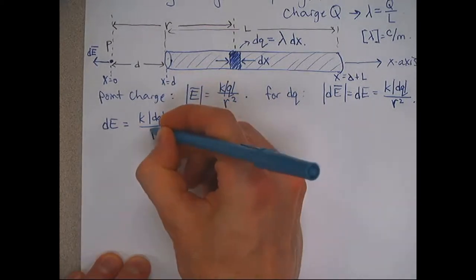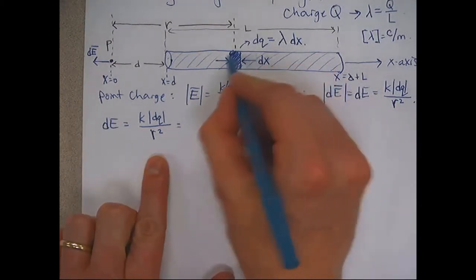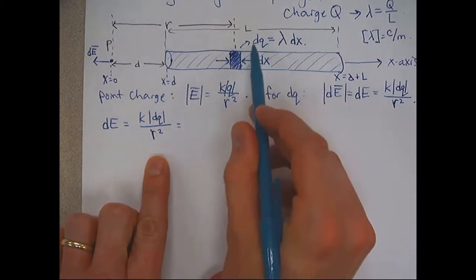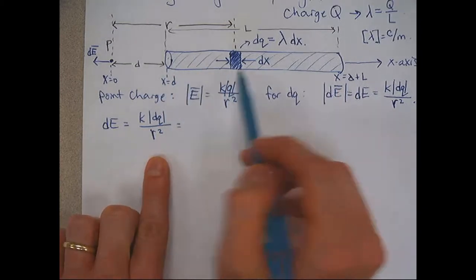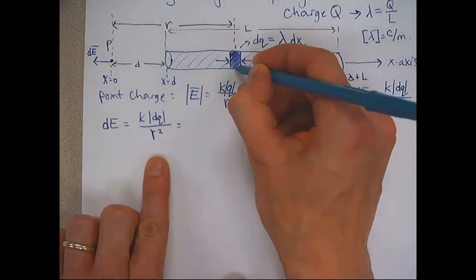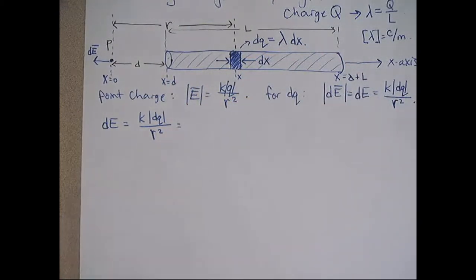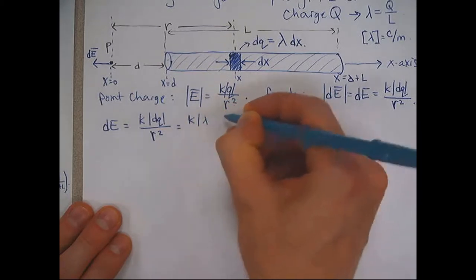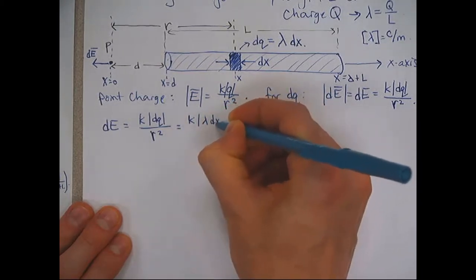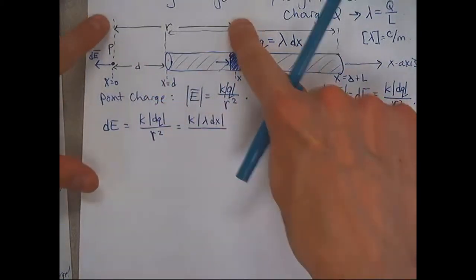In terms of our variable x, then, where is the dq? It's everywhere along the rod. It has to allow for any value x between d and d plus L. So we have k lambda dx divided by the distance r squared.